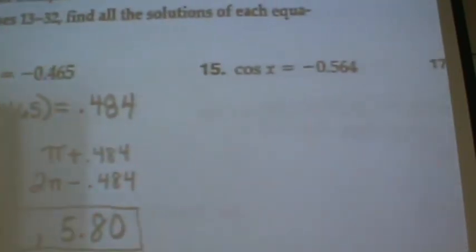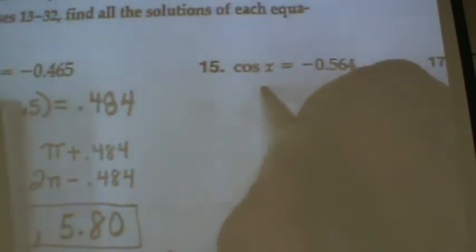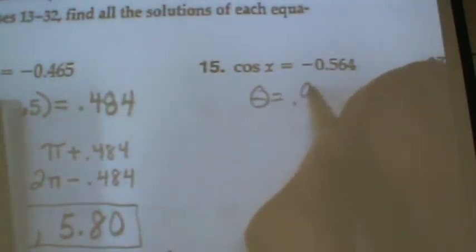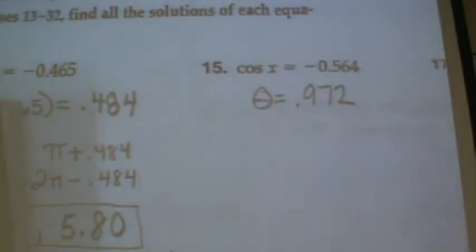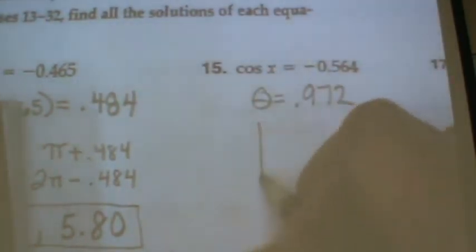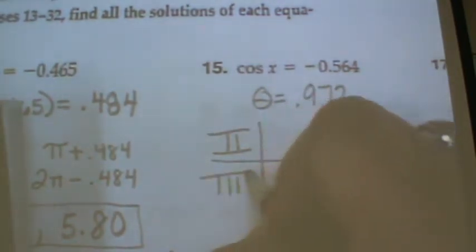Next one, what do you hit? Second cosine 0.564. Your reference angle is 0.972. In what two quadrants is cosine negative in? 2 and 3.